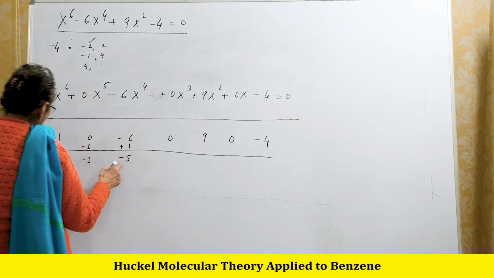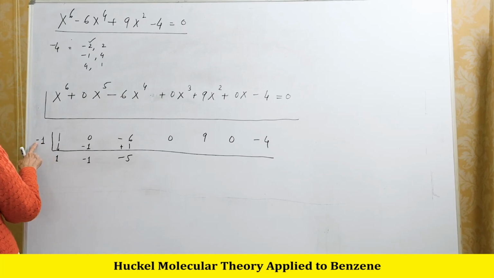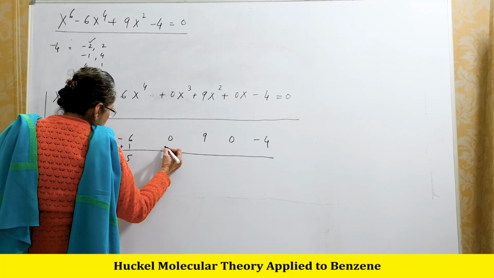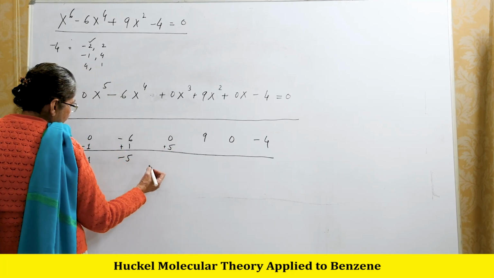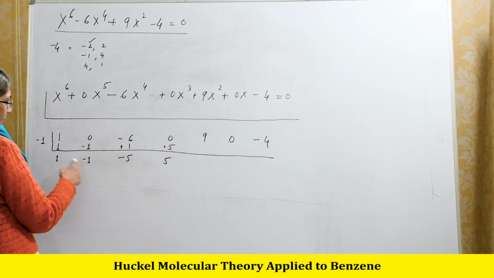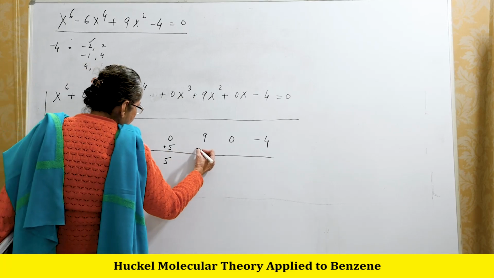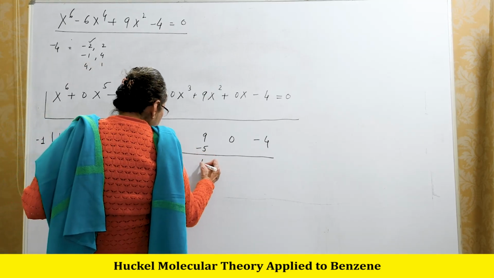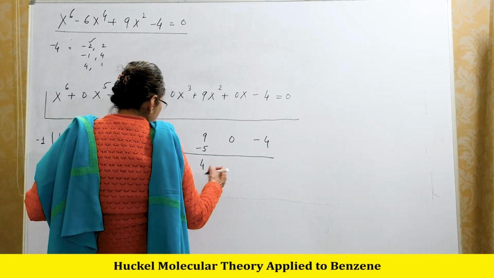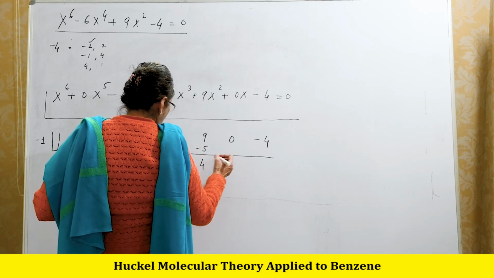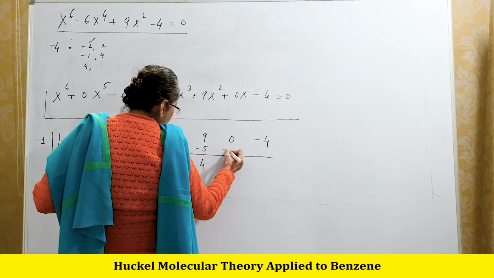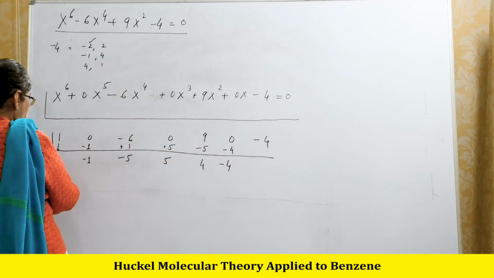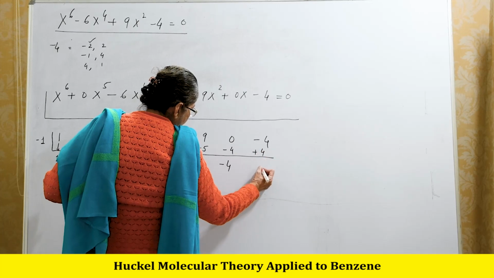So here you get minus 5, minus 5, minus 1 is plus 1, minus 5 and minus 1, here you get plus 5, and here again you get 5, minus 5, 5, and 5 and minus 1, it is 4, and 4, minus 4, and here minus 4 minus 1 is plus 4. So you get here 0.